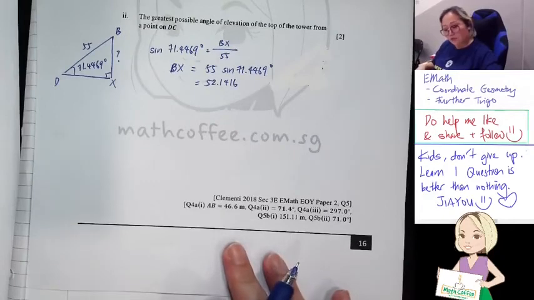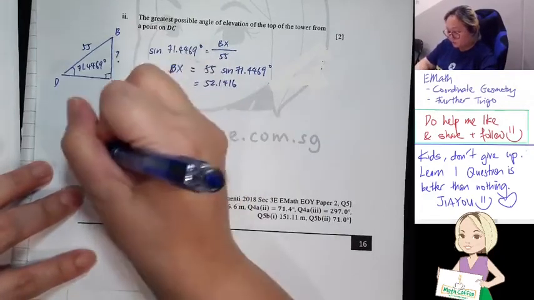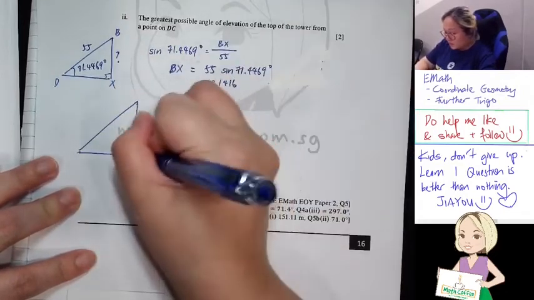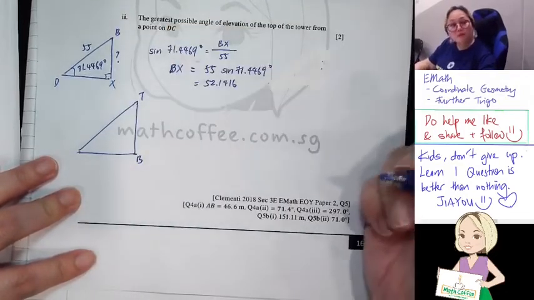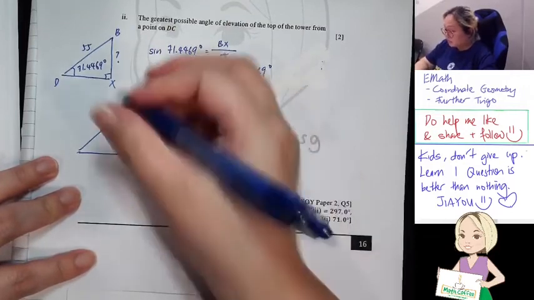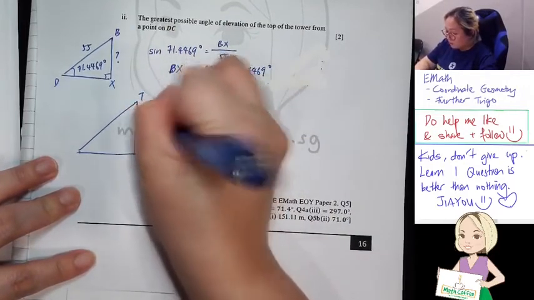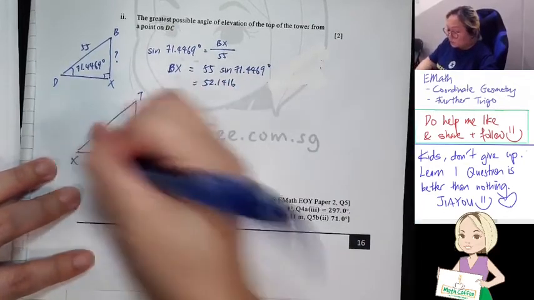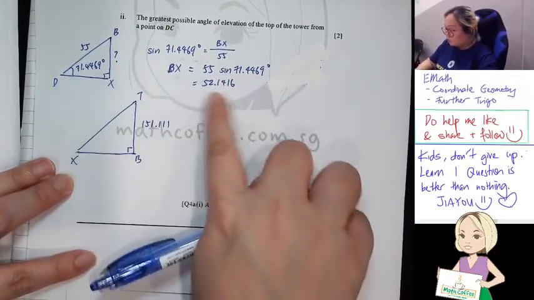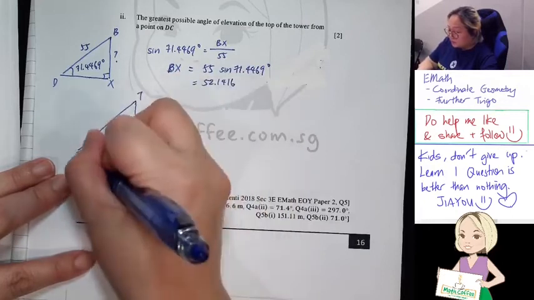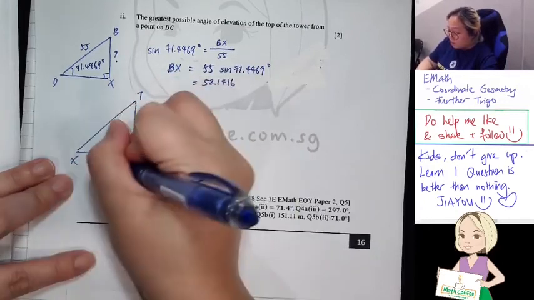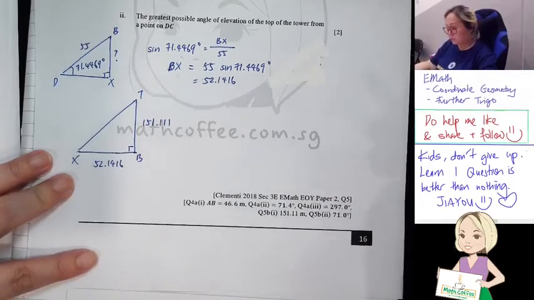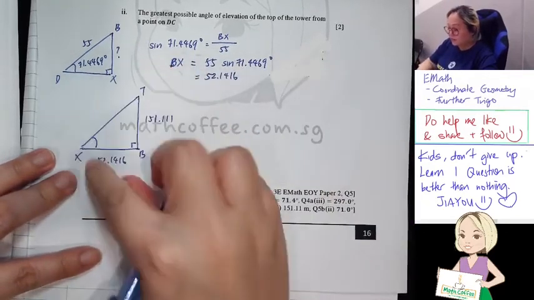So it means that I will draw this way. B, this one is a building. So BT I just now already found, which is 151.111. This is definitely 90. BX is what we just found, 52.1416. And we are supposed to find this.